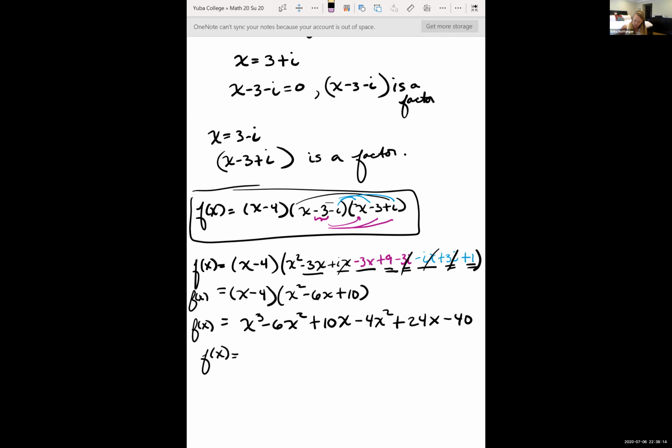Combining like terms, there's only one x cubed term, but negative 6x squared minus 4x squared is negative 10x squared. A positive 10x plus 24x is plus 34x. And the only constant we have is minus 40.